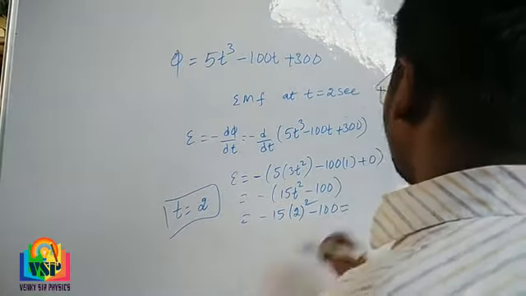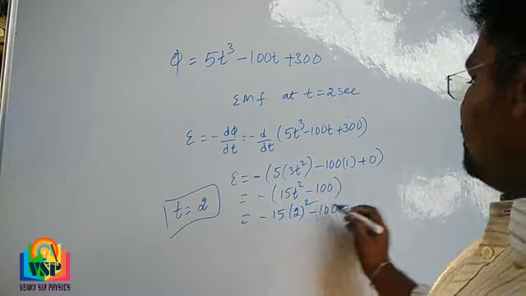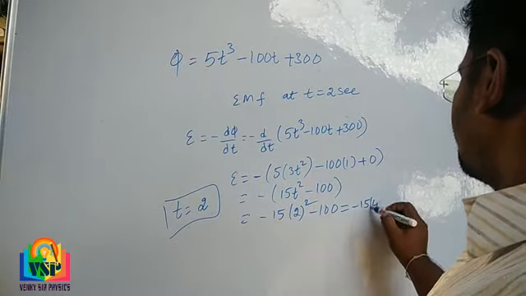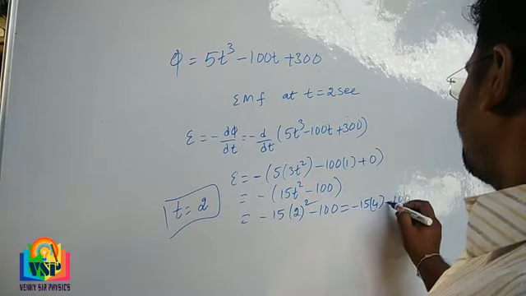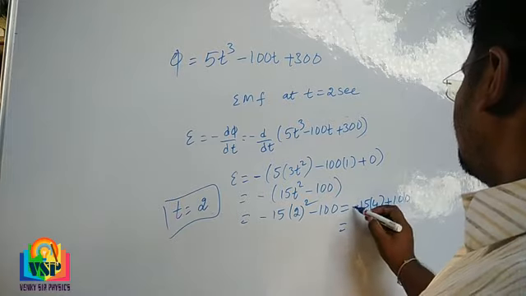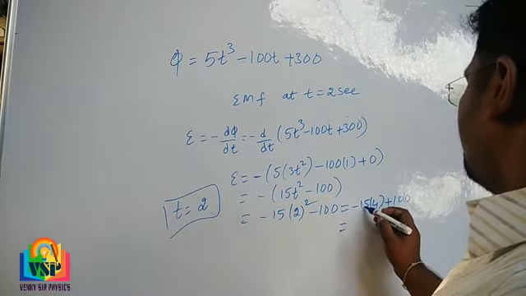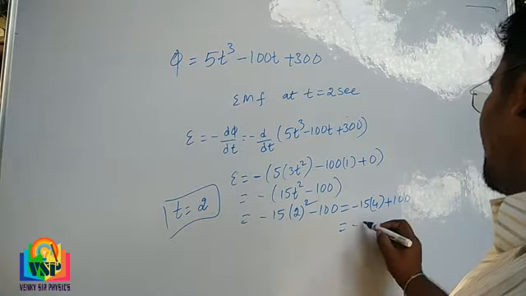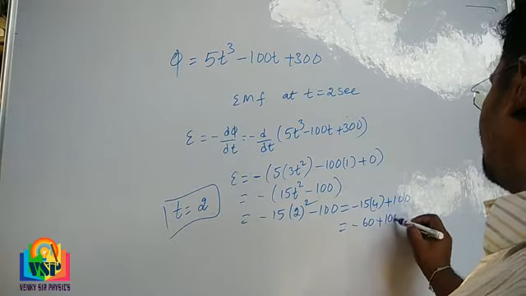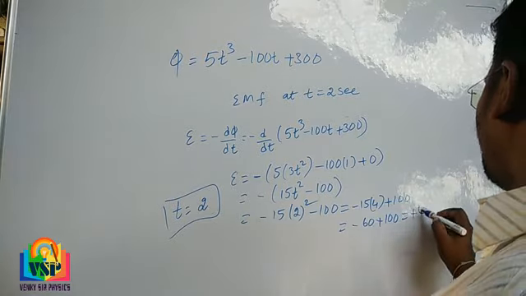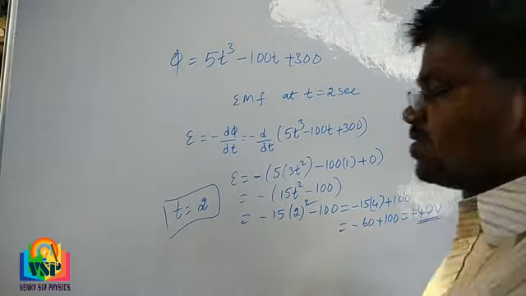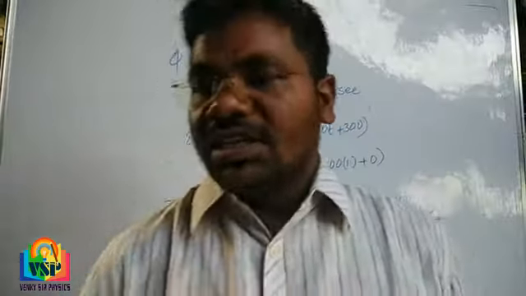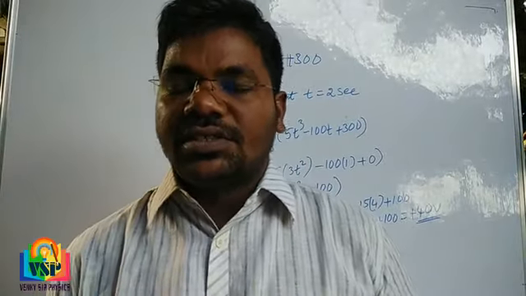That is equal to minus 15 into 4 minus 100, minus 60 plus 100, that is equal to plus 40 volts. Induced EMF is plus 40 volts.